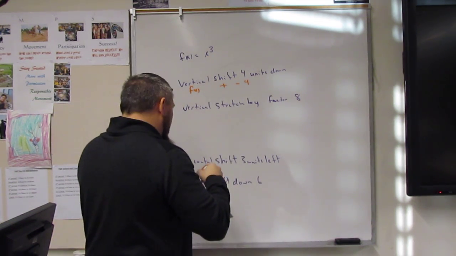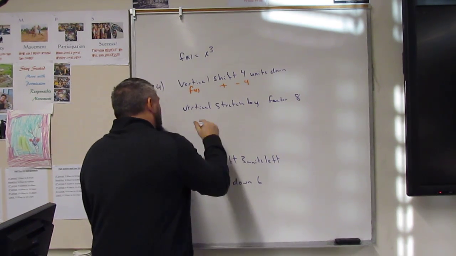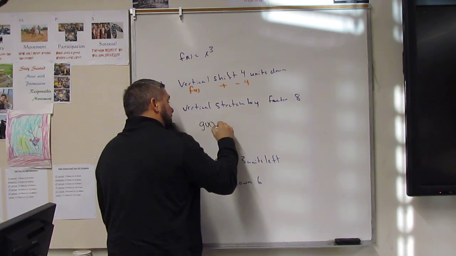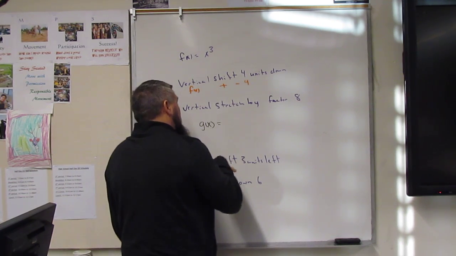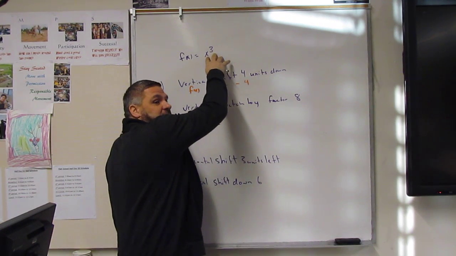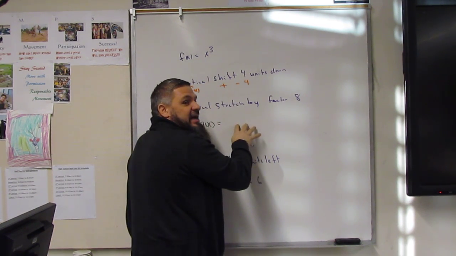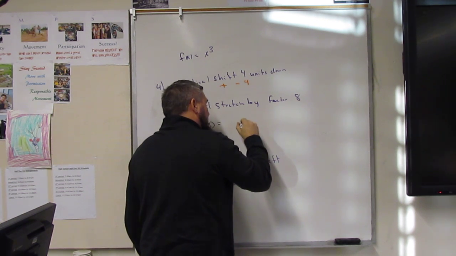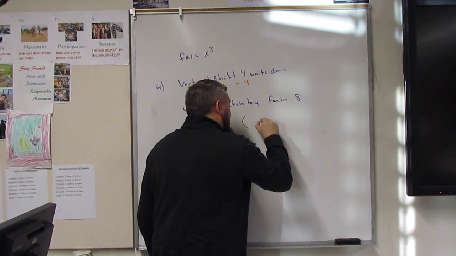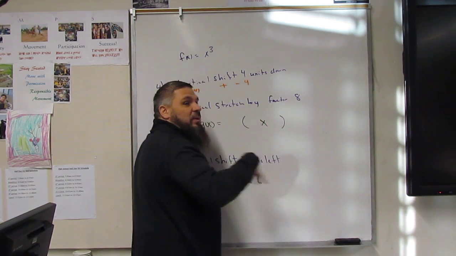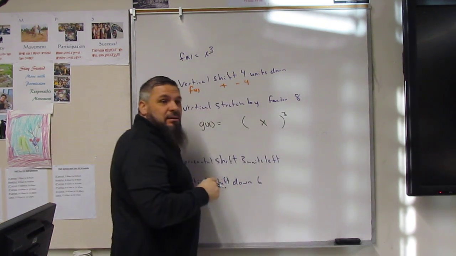So when we're talking about this, we're talking about g of x, right? So we're saying g of x is equal to, and then when I plug this in, remember I take whatever's out in front, I'm going to keep it with that x. I got to give a space, parentheses, space, x, space, parentheses, and then whatever this is goes right here, right?